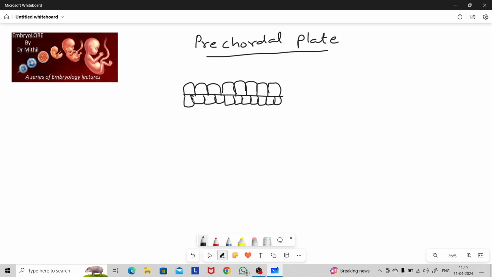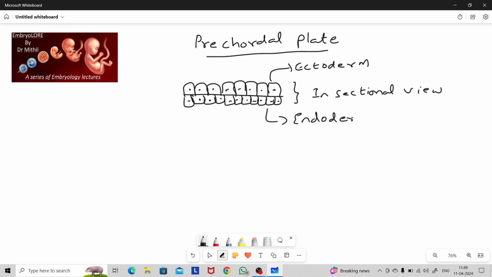Okay, so here this is the embryonic disc as seen in the sectional view. Here this is the ectoderm, and here this is the endoderm.